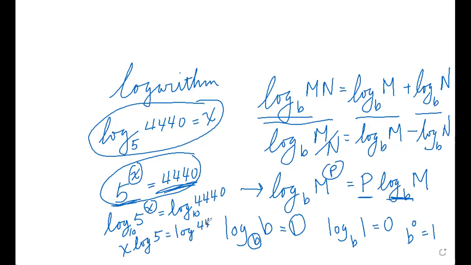All right. Now how do I solve for x? Well, I have to divide it by log 5. Divided by log 5. Now I can go to my calculator and I can actually put this in my calculator and get the answer for x, which is the solution.